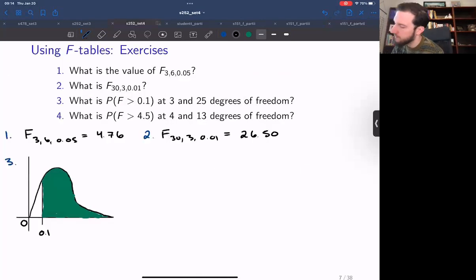So this thing is going to be a size greater than 0.1.